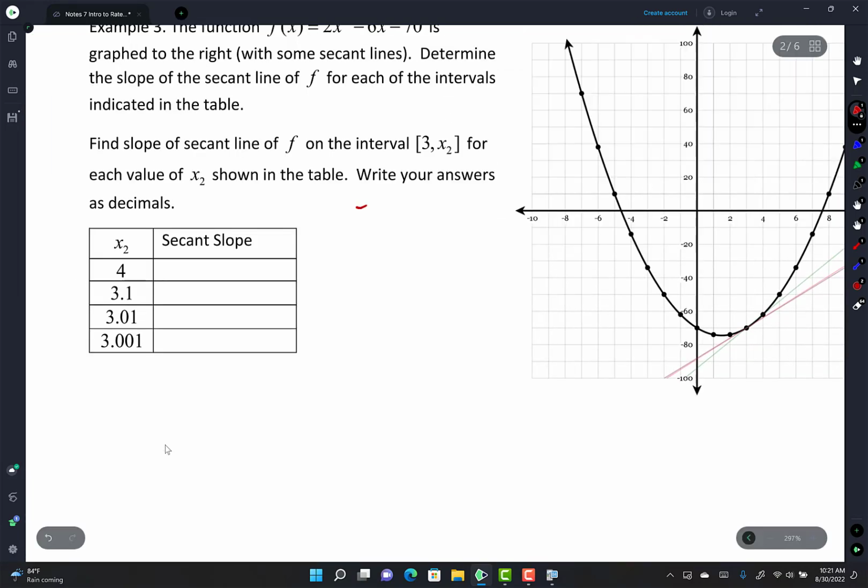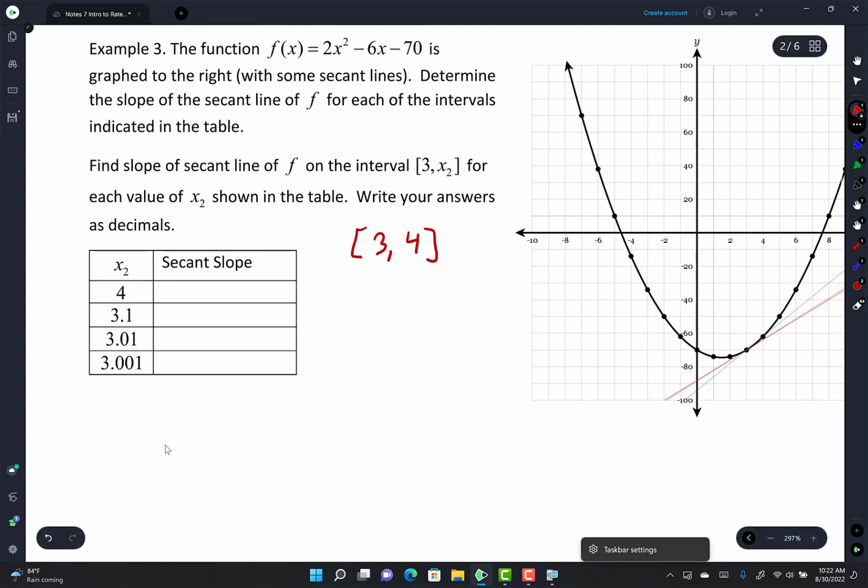Here we go. I'm going to go my slope between 3 and 4. And we're going to let the calculator do all the heavy work for us. Everyone take out a calculator, guys, because I need you to practice with it.